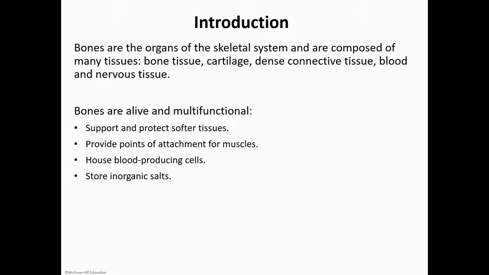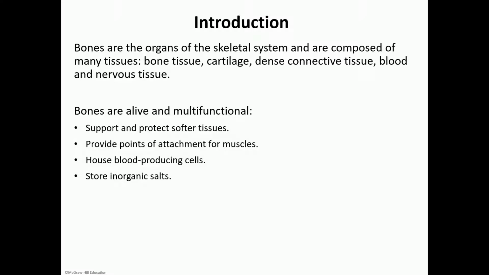So there is bony tissue, there's cartilage, there's connective tissue, we've got blood vessels and nerves. And although we kind of think of bones as very solid, not living tissue, that is not true. Okay, bones are actually alive. The cells that are found in bones, the mature cells, are known as osteocytes.